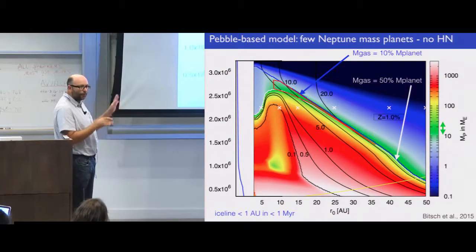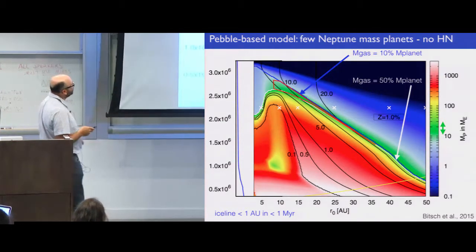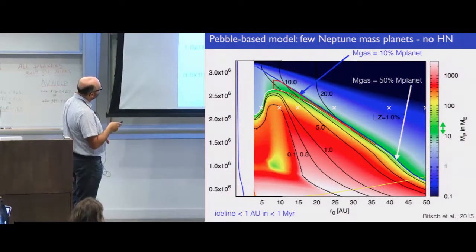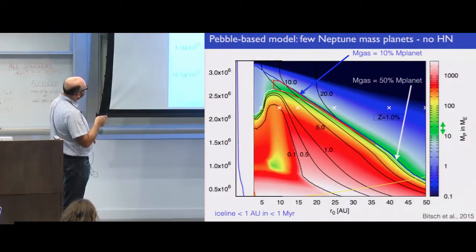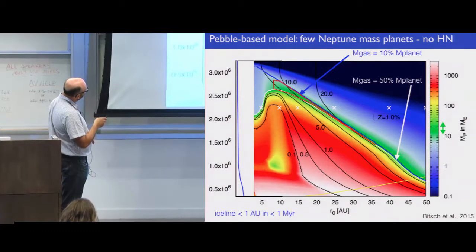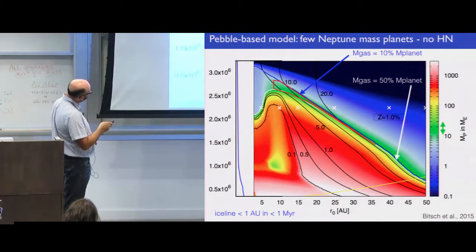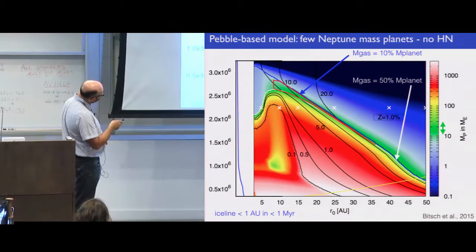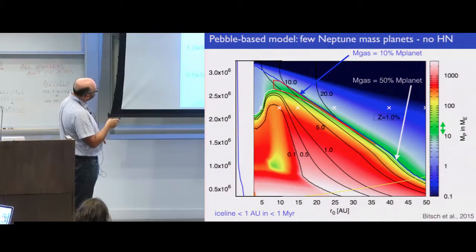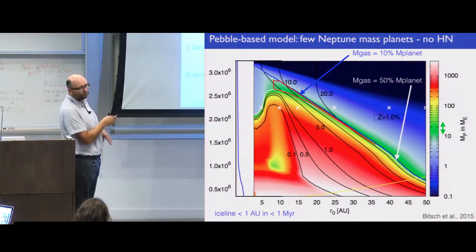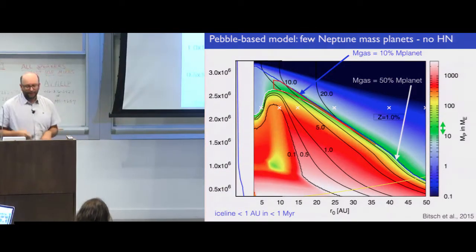Neptune is around 20% of the mass in gas, so it should be between these two lines. So if you want to be green, between the blue and the white line, and around 10 to 20 AU, you see that it's a very narrow range where you have to start the formation of a planet. You basically have to start between 15 and 20 AU at 2.5 million years. Otherwise you don't form a Neptune mass planet.